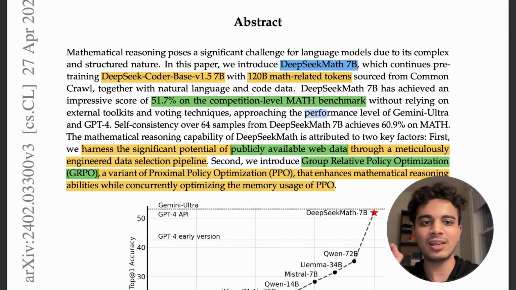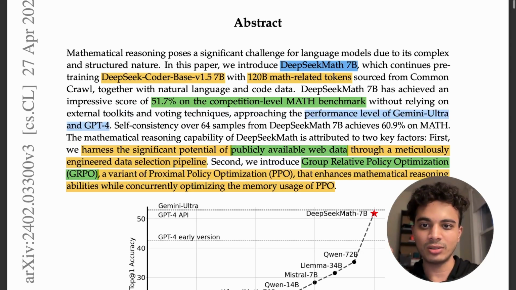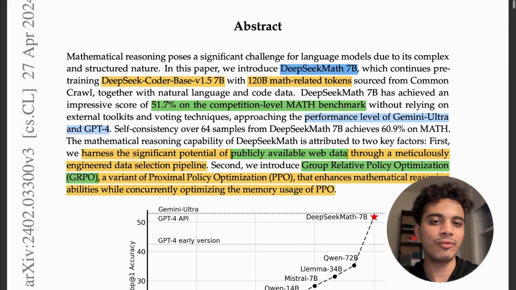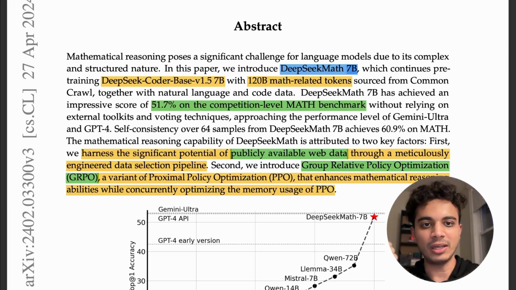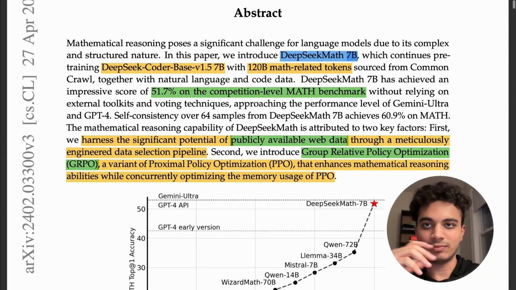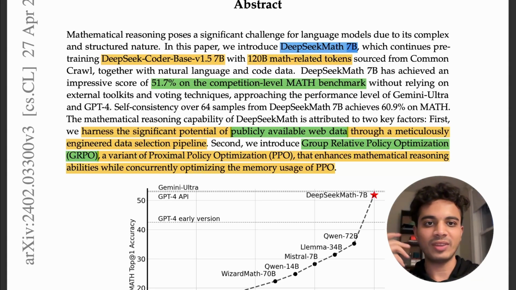It performs at the level of Gemini Ultra and GPT-4, which is really huge because this is an open source model and it's very, very small as compared to Gemini Ultra or GPT-4, which might have hundreds of billions of parameters, or probably trillions as a few people say, but that's not the point. Even if a model is 10 times bigger than this model, this model can either outperform it or match its performance. That's a really huge deal, right?